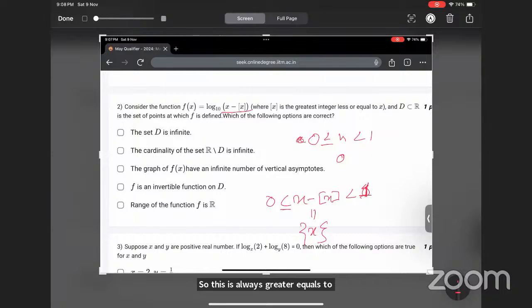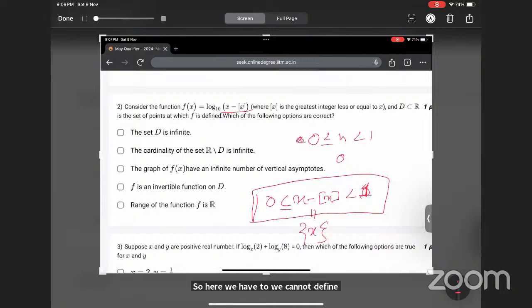So now you have a logarithmic function with this type of thing. Here we cannot define it when the value is 0, and we know that only when x is an integer will the fractional part be 0.